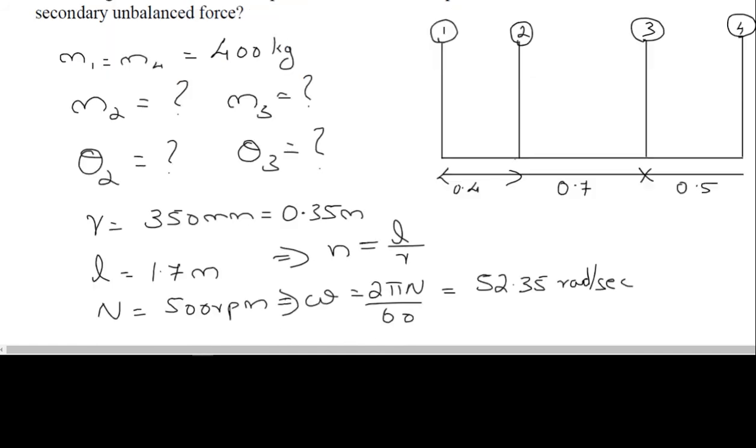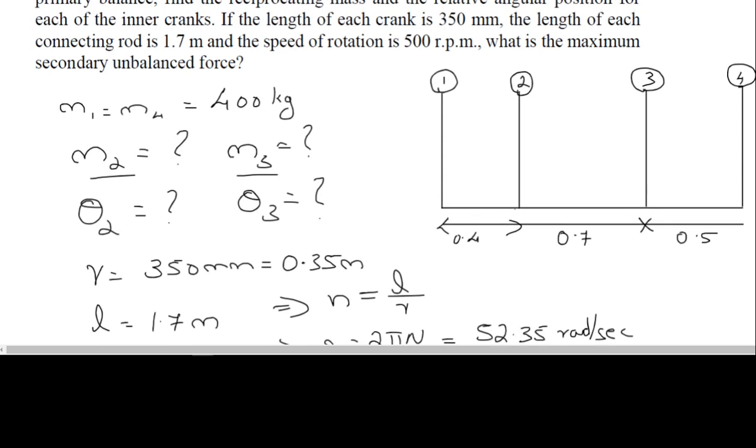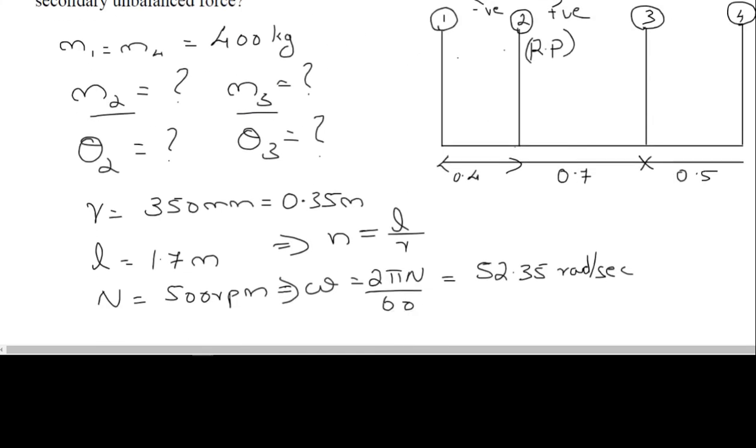Since we need to find 2 and 3 masses and angular position, like we did in rotating masses, it is better to choose a reference plane here itself. I'm choosing 2, for obvious reasons, to avoid additional negatives. If you choose 3, you will get 1 and 2 as negative lengths for calculating couples, and if you choose 2, only 1 will be negative. So this is the reference plane, and this side will be negative, and this direction will be positive length when we take couples.